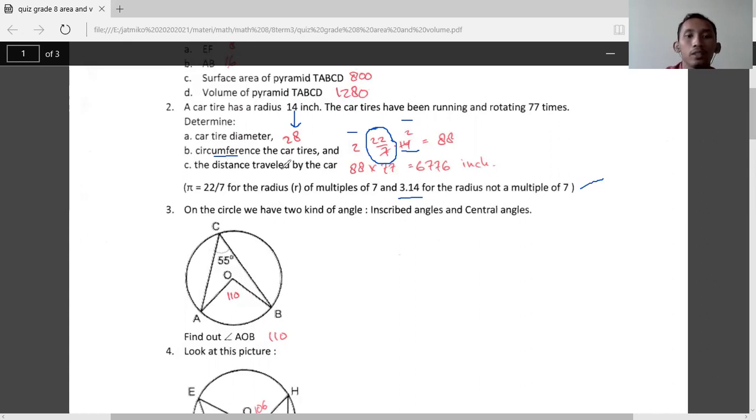Next, how about the distance? The distance is the circumference times how many times they rotated. So that turns out to be 6,776 inches. Most of you are also correct in this part.